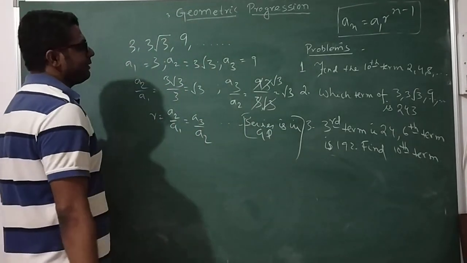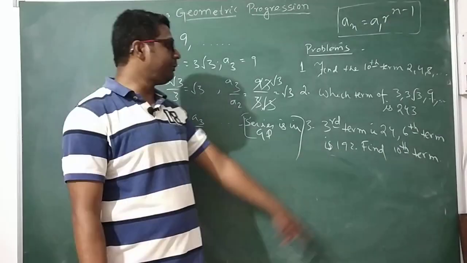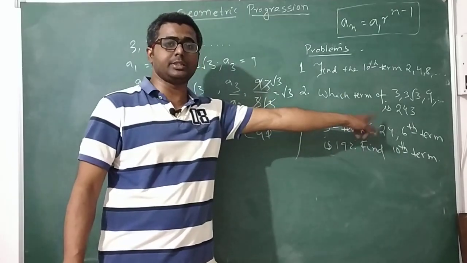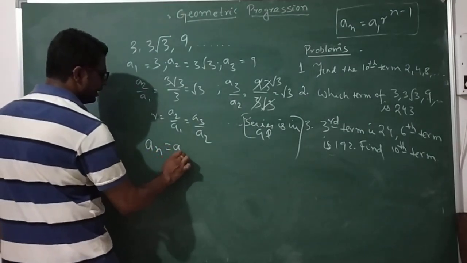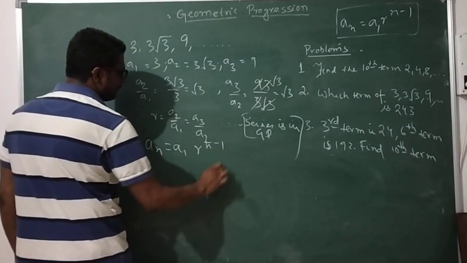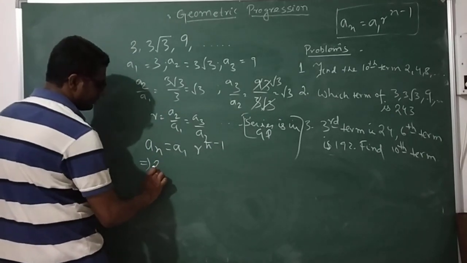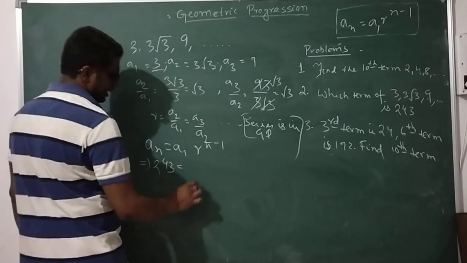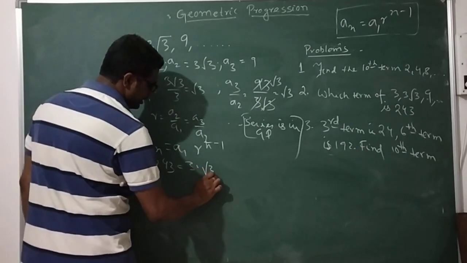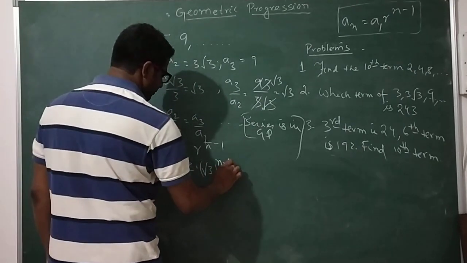Next, as soon as I have found out the series is in GP, now I have to find out which term in this series is 243. So An is known to me. An is equal to A1 r to the power n minus 1. So An is 243, A1 is 3, and r is root 3, to the power n minus 1.